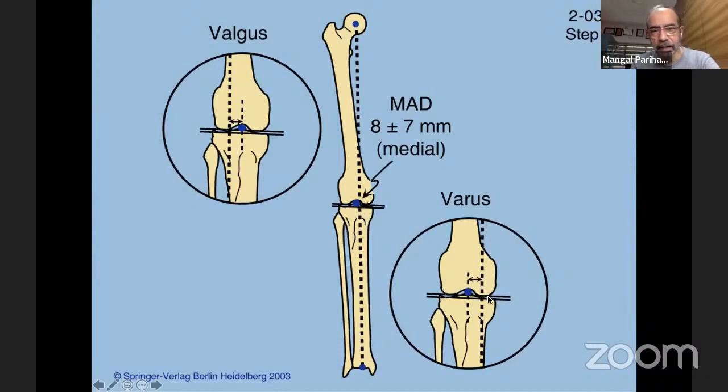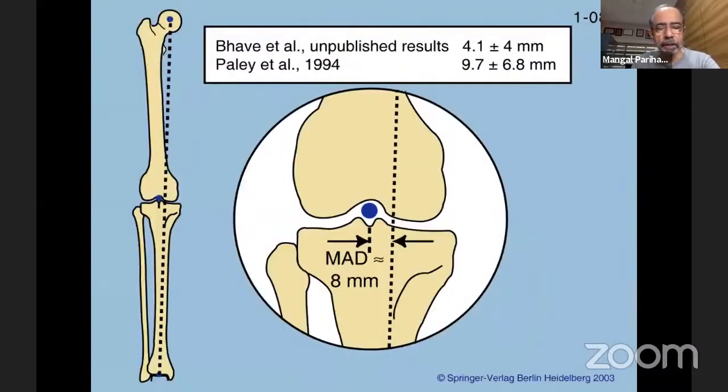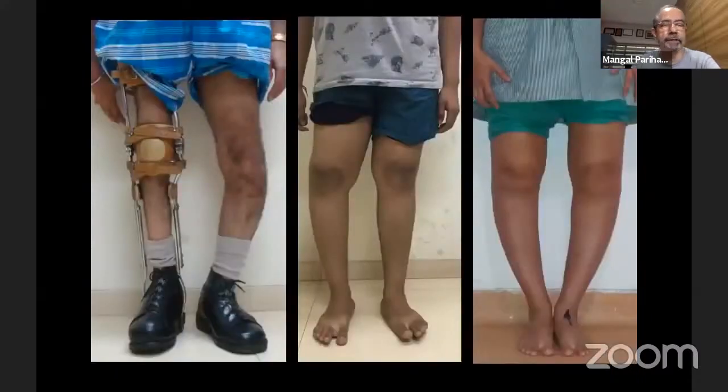Then that's a medial mechanical axis deviation, or is it lateral? A lateral mechanical axis deviation is a valgus deformity. Normally, this passes through the center plus or minus 4 mm on either side. Another study by Paley shows around 8 mm, so up to 8 mm onto the medial side would be considered a normal mechanical axis deviation.